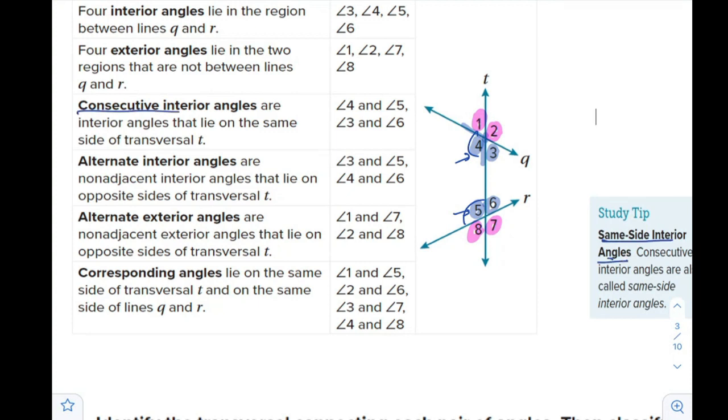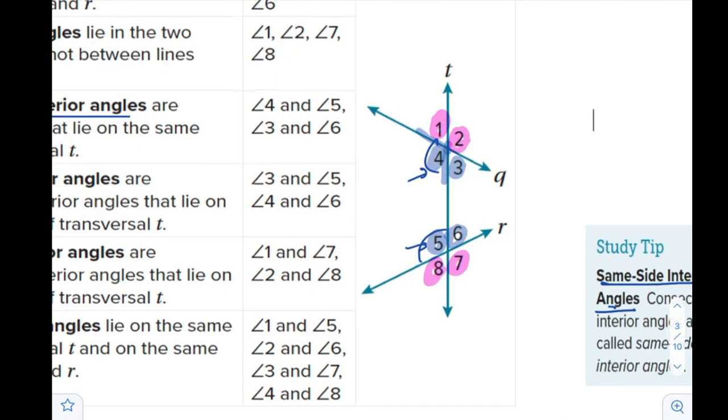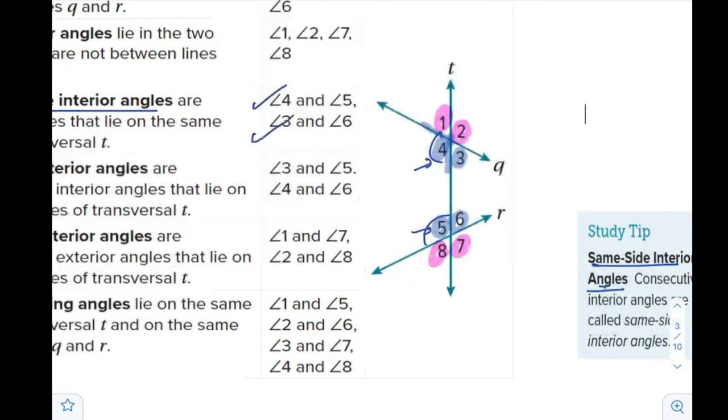The same applies to angles 3 and 6. Both are interior, both on the same side of the transversal, and we call them same side interior or consecutive interior angles. Done. Now, this is the relation between angles 4 and 5, 3 and 6.